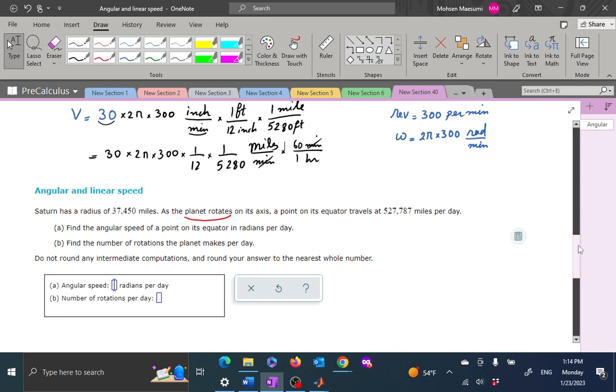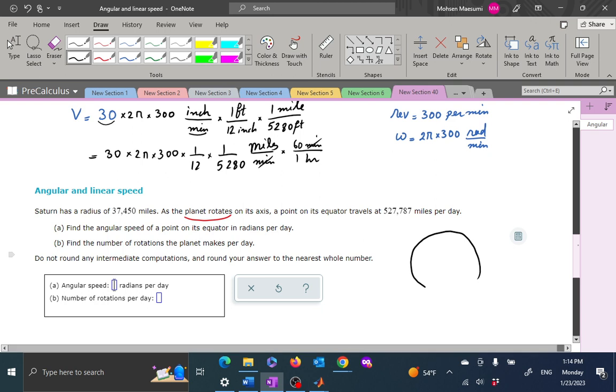So this is no different from all the other problems we have been doing so far. So let's just draw a picture, to make sure all these strange numbers don't distract us. So we have this planet, planet Saturn, it has a radius of 37,450 miles.